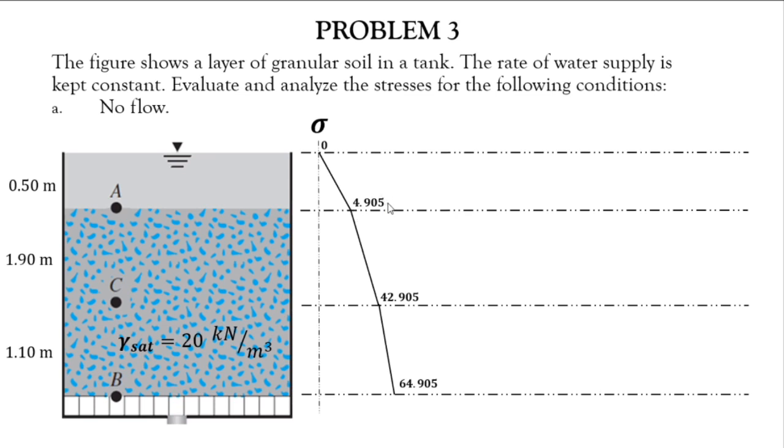Plus, yung 4.905, dadagdagan mo ng stress due to this layer from A to point C. So, ang layer at ang stress natin dito ay 20 times 1.9. Idadagdag mo lang siya sa 4.905. So, ito, kayo na yung try to solve it yourself dahil nagawa naman natin to sa problem 1 and 2.